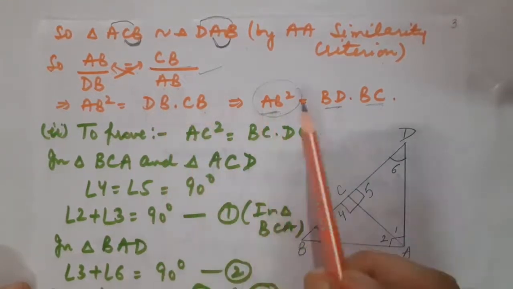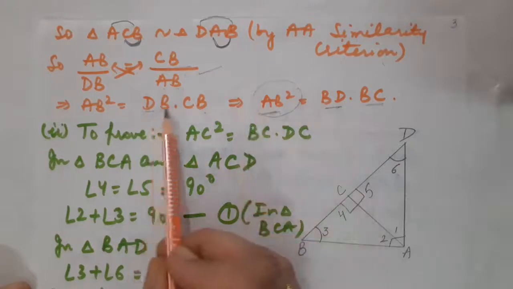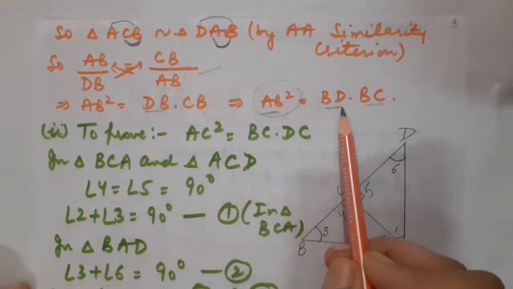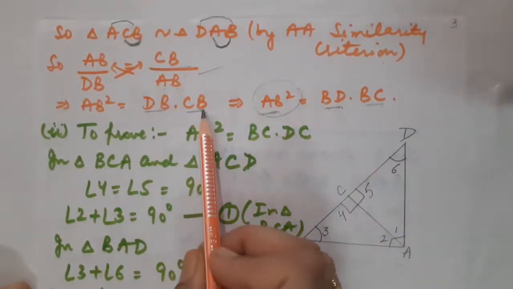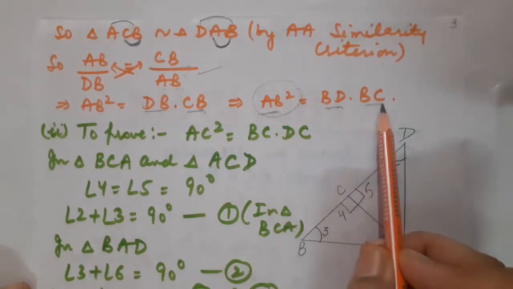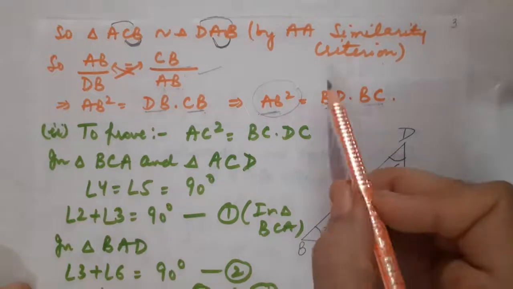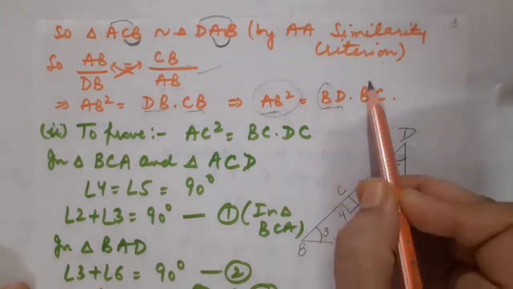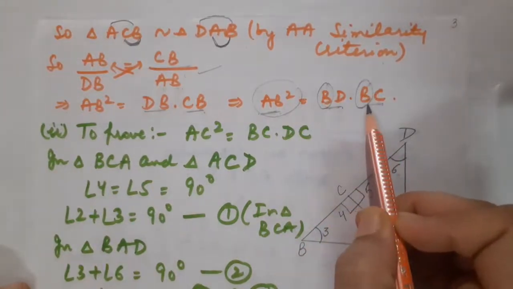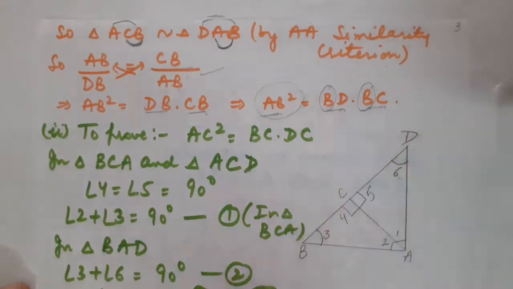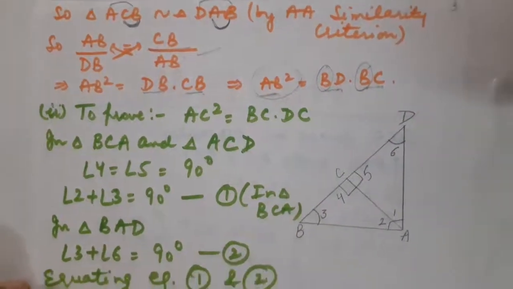So it implies, can I write AB square is equal to, in place of this DB, can I write BD? Of course. And in place of this CB, I can write BC. Why? Because B is common. So if you are writing B here in front, so here also you have to write at the first position. Clear? Now let us switch to the second part.